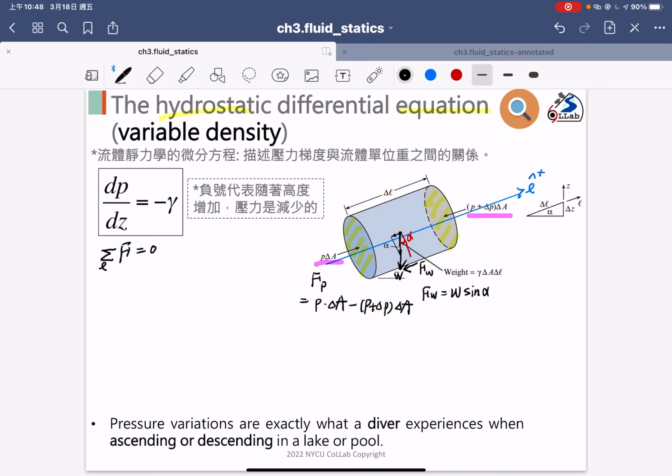Okay, so you arrange the equation in here: P delta A minus (P plus delta P) multiplied by delta A. And in the end, the two items will cancel out.